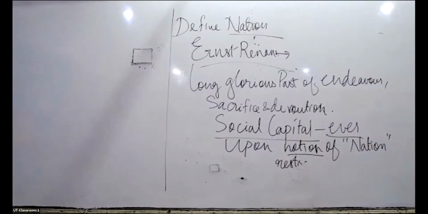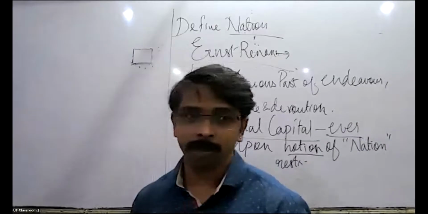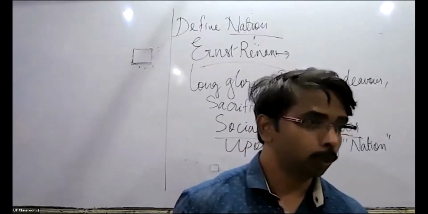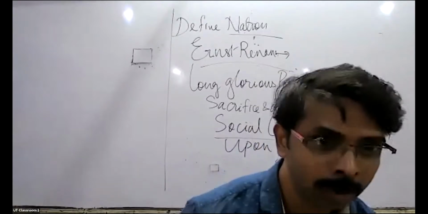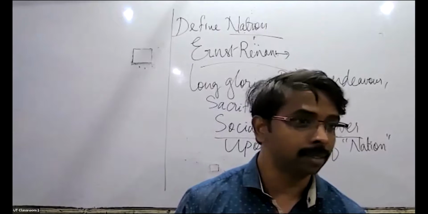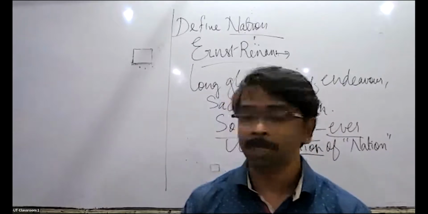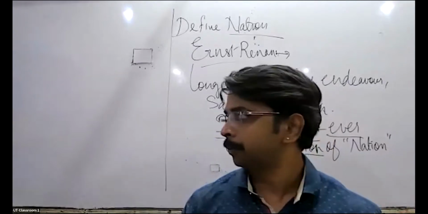Can you name India's greatest leaders before independence, those who appear in history textbooks? Ashoka the Great, and then freedom fighters, Mahatma Gandhi, Dayanand Saraswati, Mahatma Jyotirao Phule. I can keep on naming.